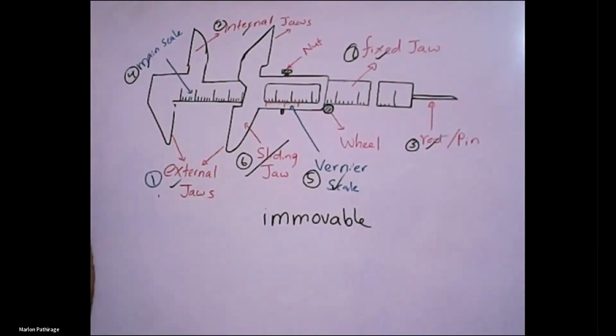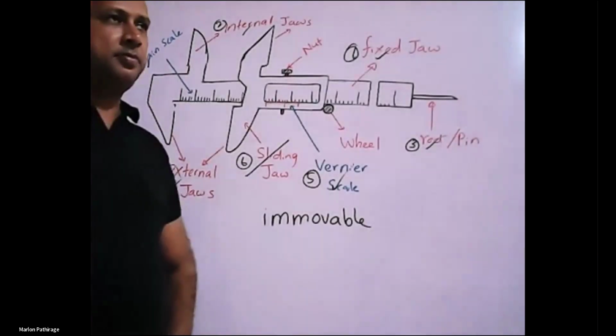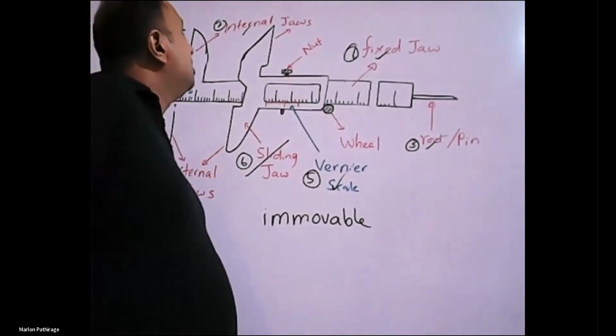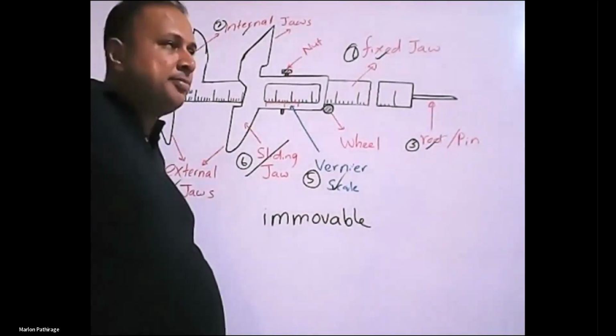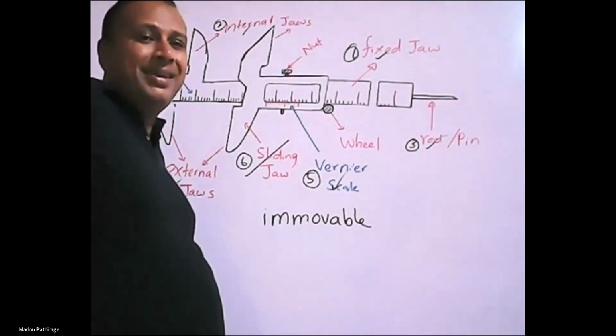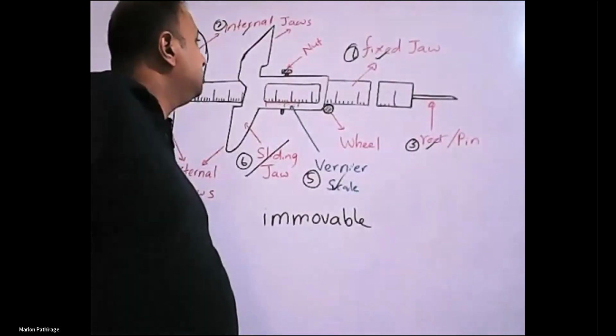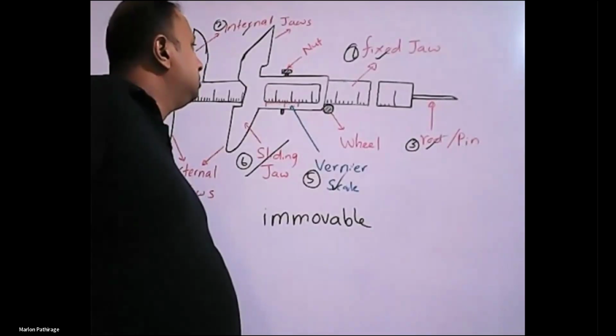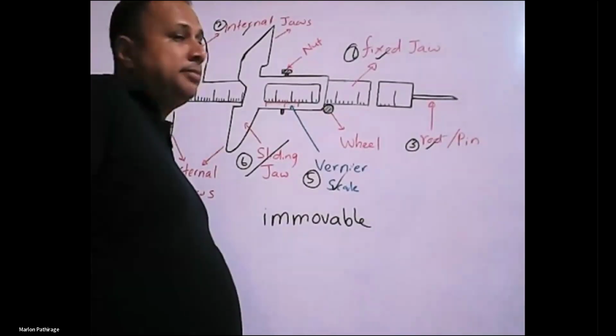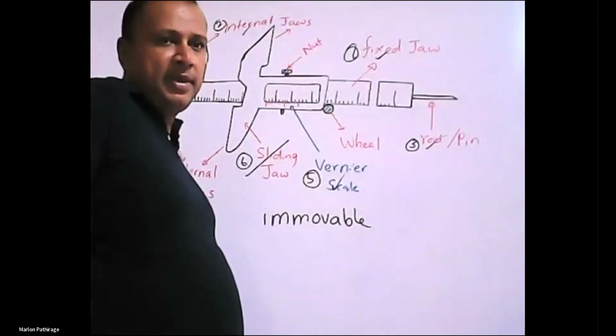It includes one external jaw, one internal jaw, and the main scale.